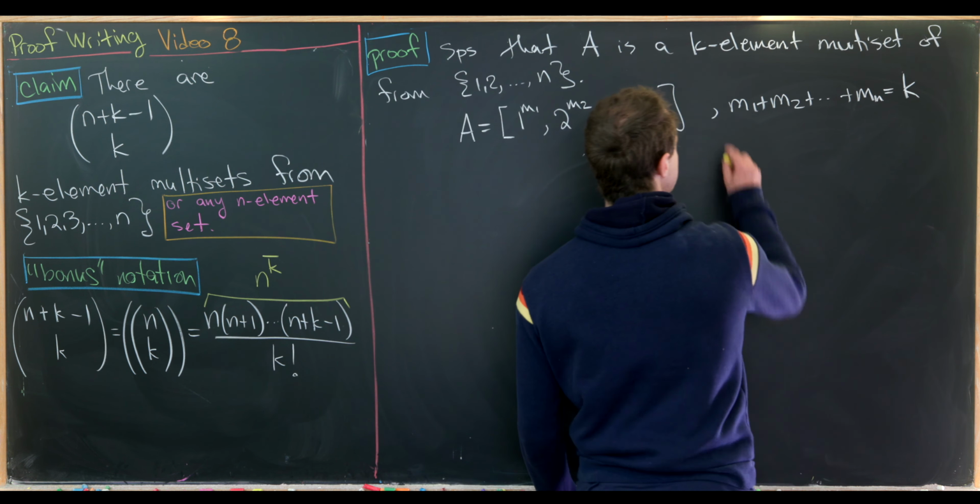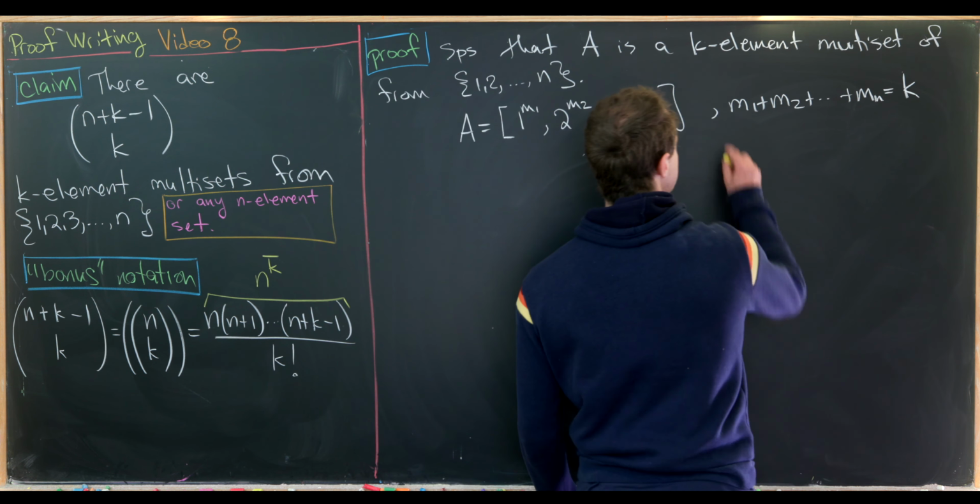And now we're ready to finish off our counting, and it goes like this. So from the n plus k minus 1 characters, we choose k of them to be stars. But how many ways are there to choose k objects from n plus k minus 1 objects?